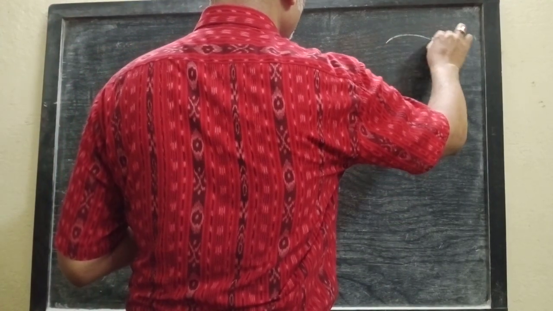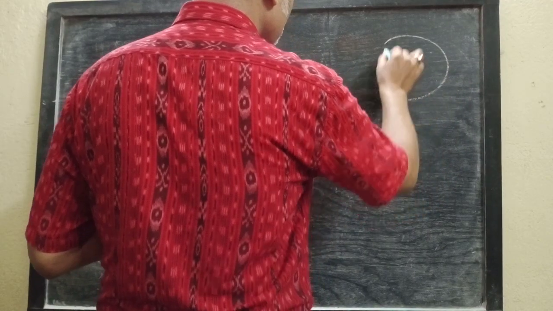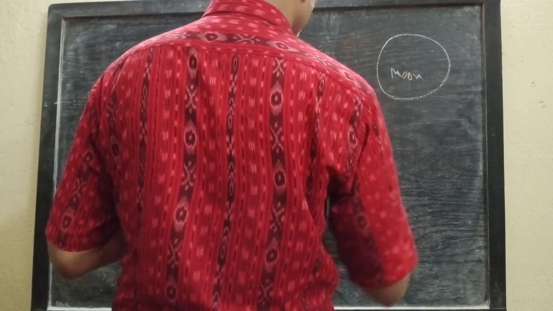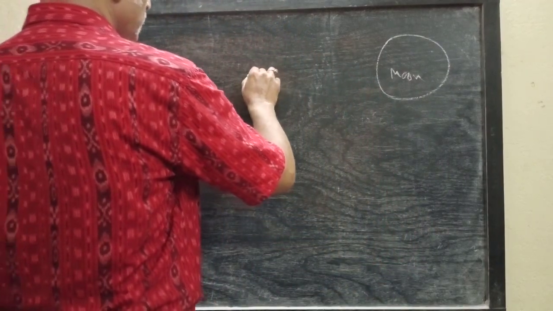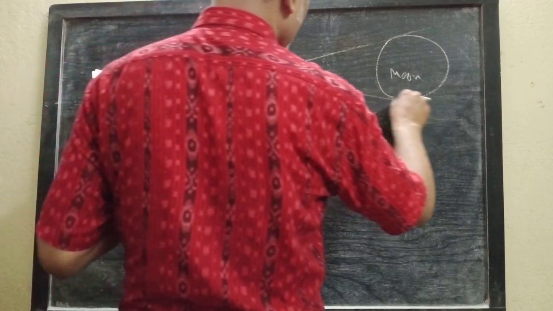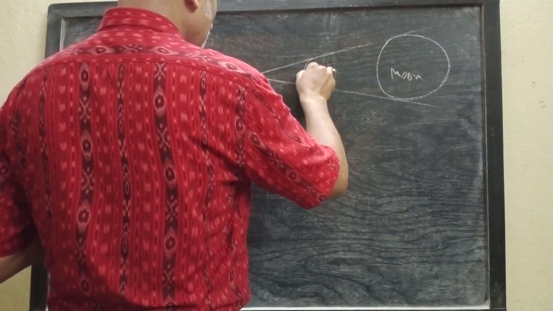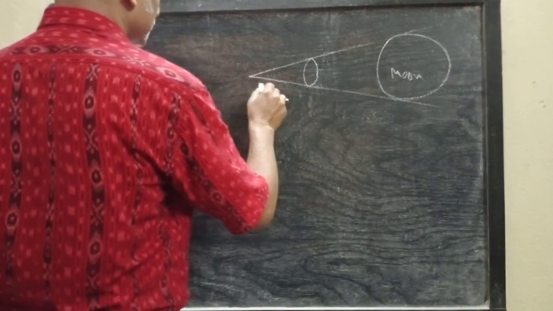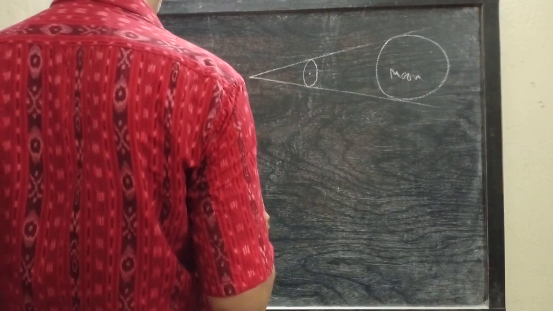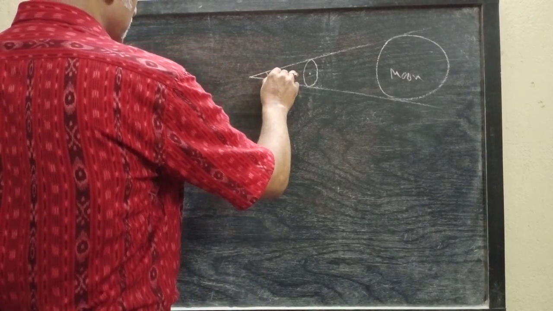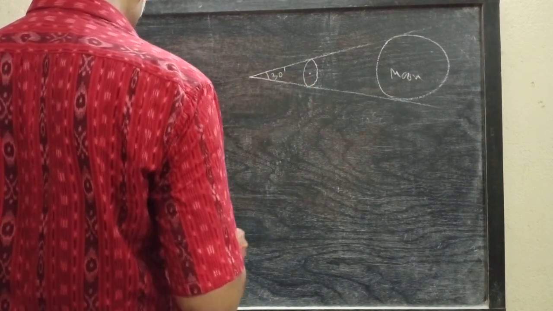Suppose this is the moon. This is the position of the observer. Here the coin is to be kept. The angular diameter is 30 minutes.